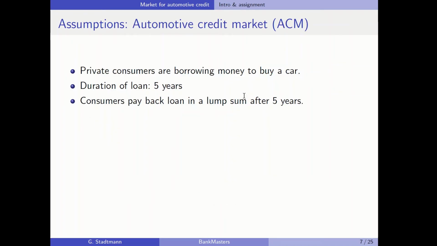Let's come up with some assumptions for this automotive credit market. Private consumers are borrowing money to buy a car. The duration of the loan is 5 years. The consumers pay back the loan in a lump sum after 5 years.